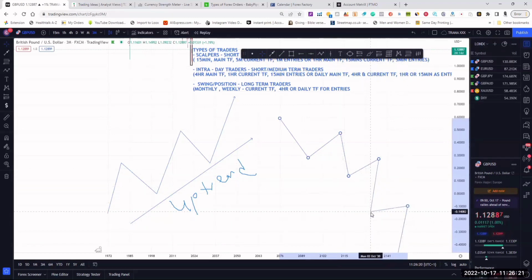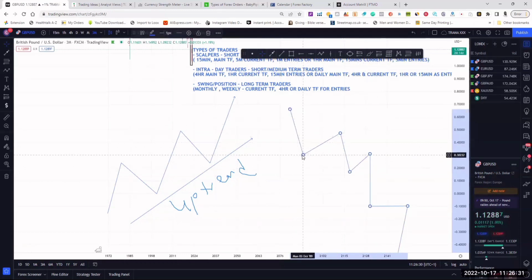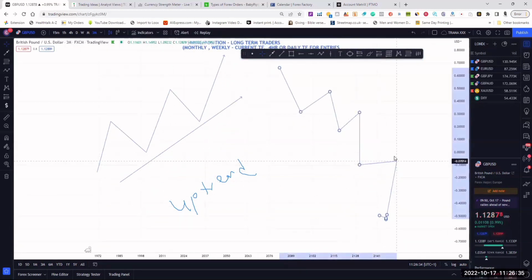We see trade like this. I'm trying to arrange it so you understand the structure. Let's leave that alone there.